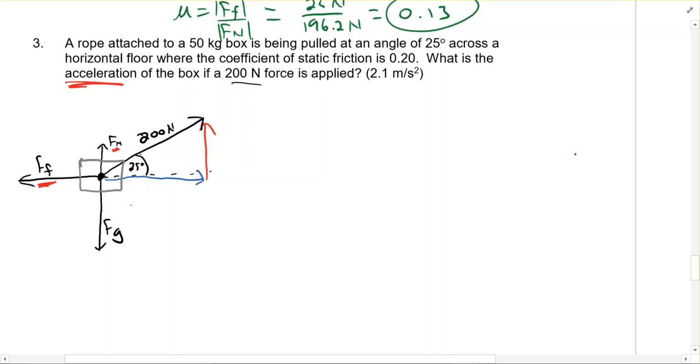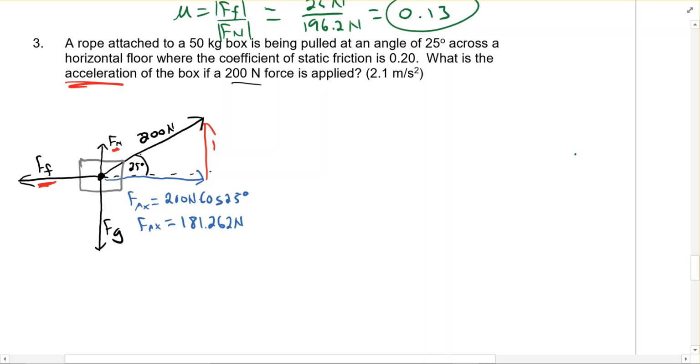So F applied in the x direction is going to be equal to 200 newtons times cosine 25 degrees, which is 181.262 newtons.